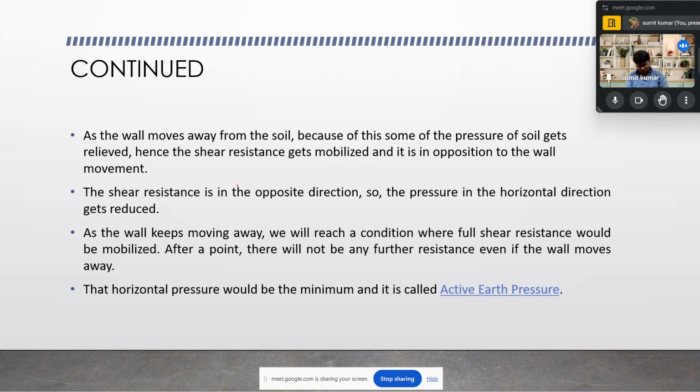As already said, first of all the backfill is there and a wall is constructed, so there is some amount of pressure on the soil at the backfill.